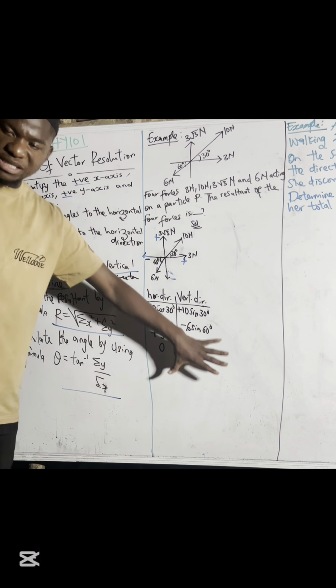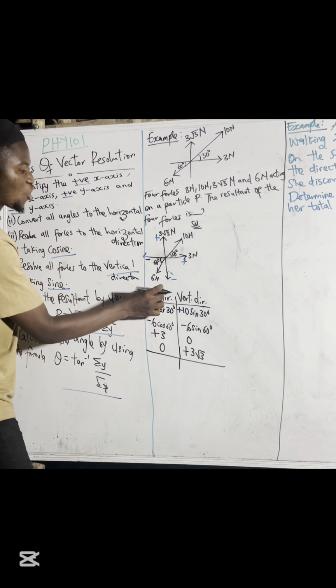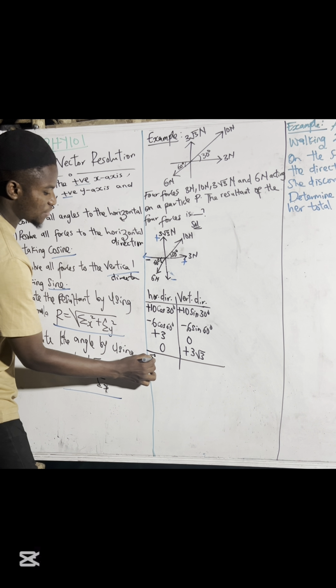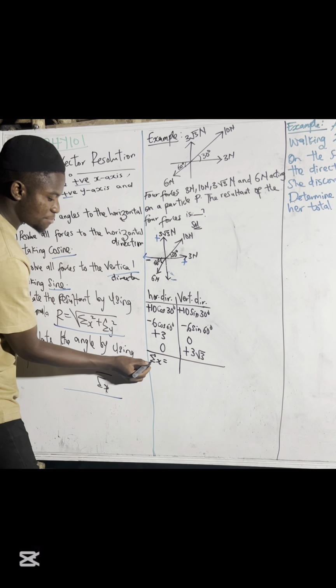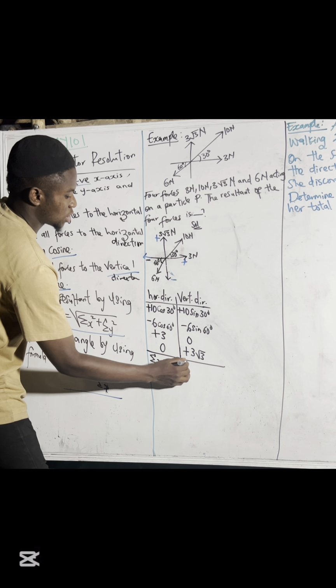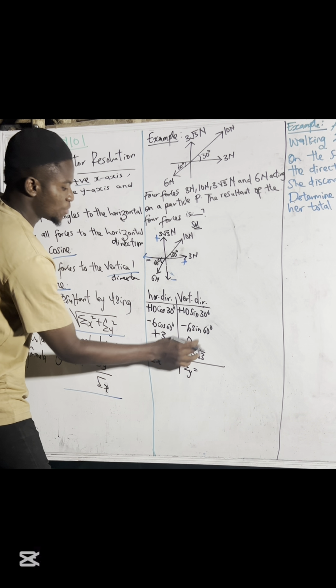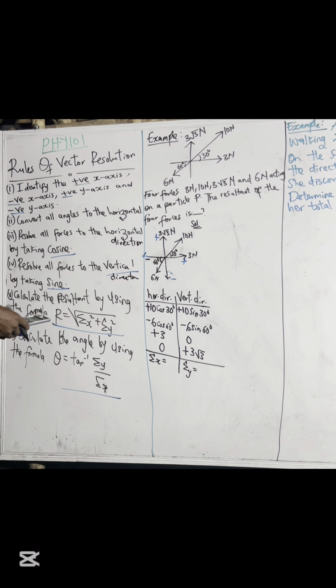So once we are done with this interpretation, then we are going to add everything together. So the horizontal direction, we are going to be looking for the addition of everything. Summation x. This sign means summation, and it means to add everything together. This x is for the horizontal direction. We also look for the summation y. This also means to add everything together in the y-vertical direction. So we are going to press it on our calculator. 10 cos 30 degree minus 6 cos 60 degree plus 3.